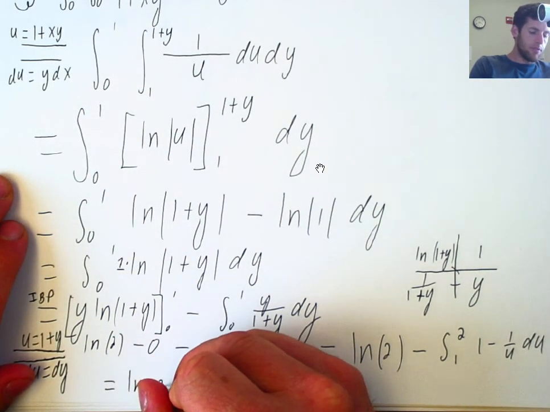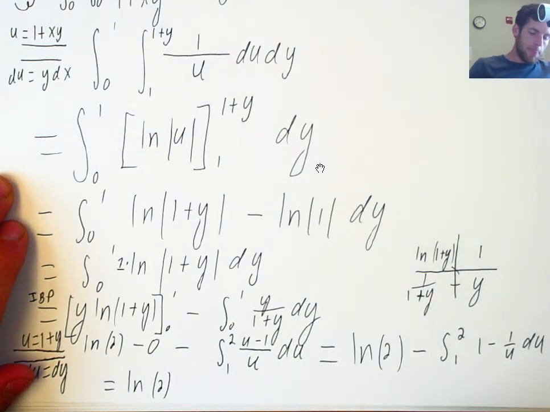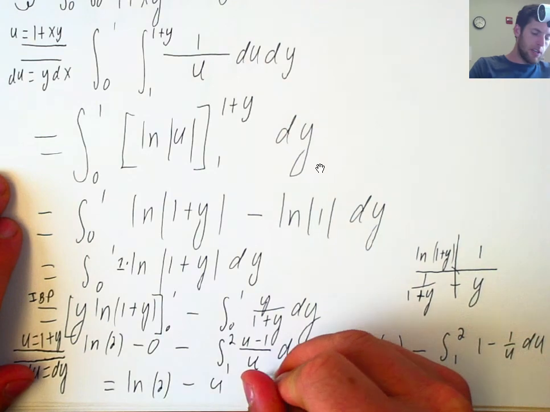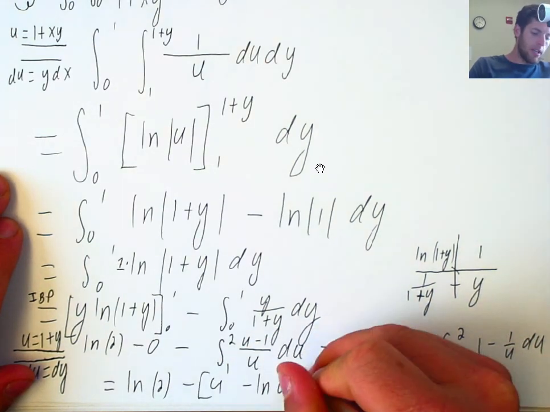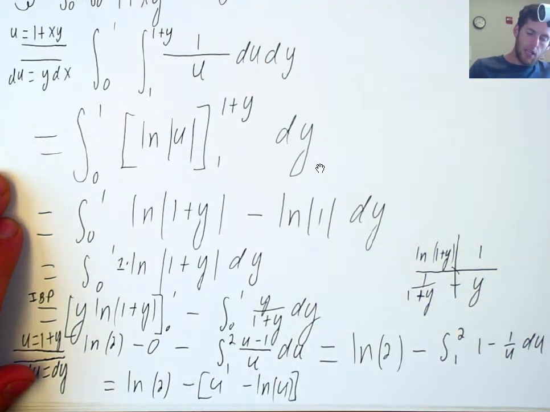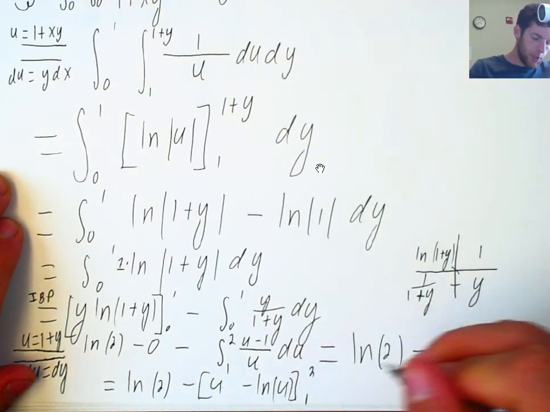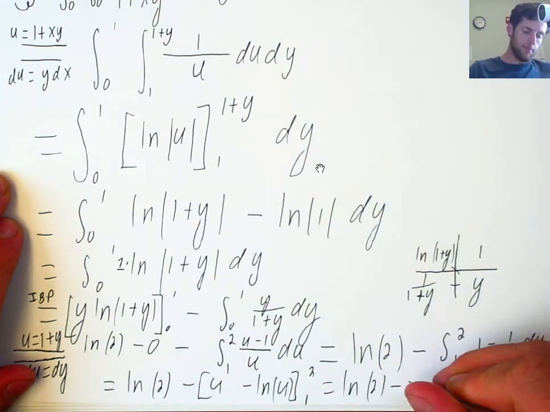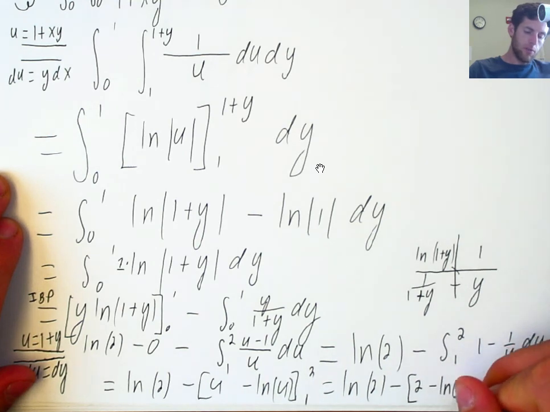Natural log of 2 minus u minus natural log of u, this whole thing evaluated between 1 and 2. Okay, natural log of 2 minus, all right, first thing we get is u replaced with 2 minus natural log of u replaced with 2.